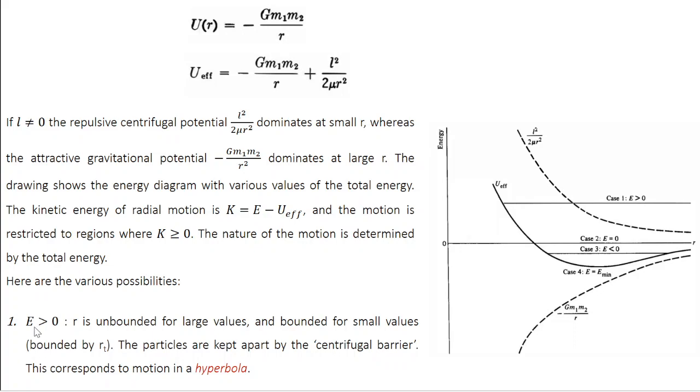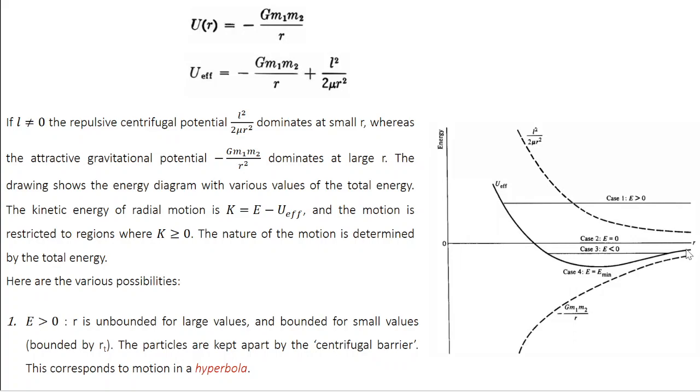First, total energy E greater than 0. As I said, total energy by default is a constant, so you have a positive straight line here. So this is E greater than 0. Look at the potential energy curve here. This is the U effective curve. So what do you see? For large r, the motion is unbounded, right?